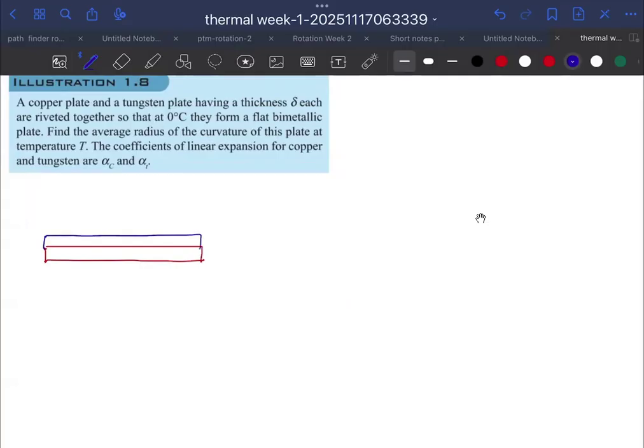This is how you have. Remember, this is copper, and this one is tungsten. Remember, thickness is t each. Delta each.